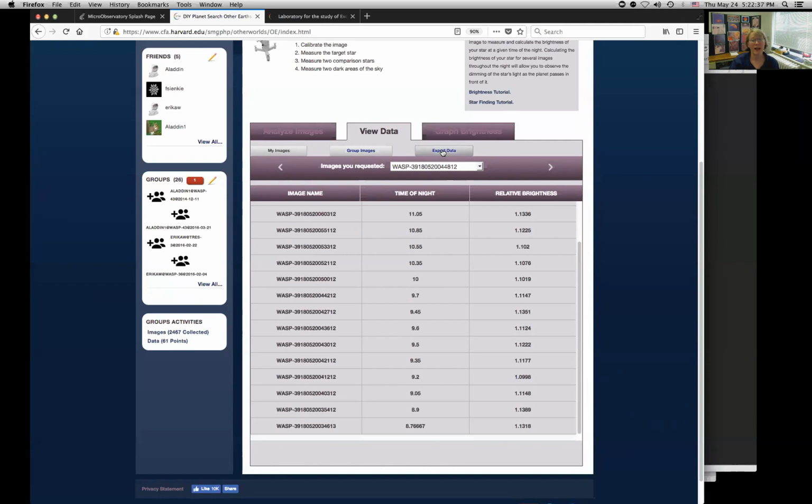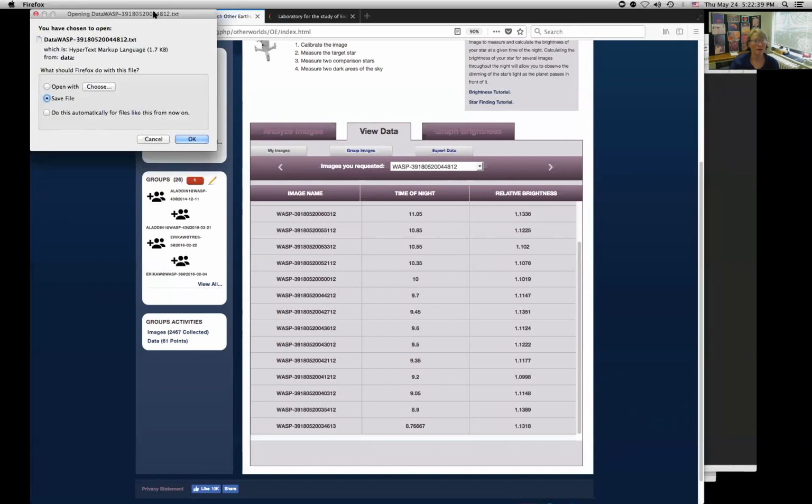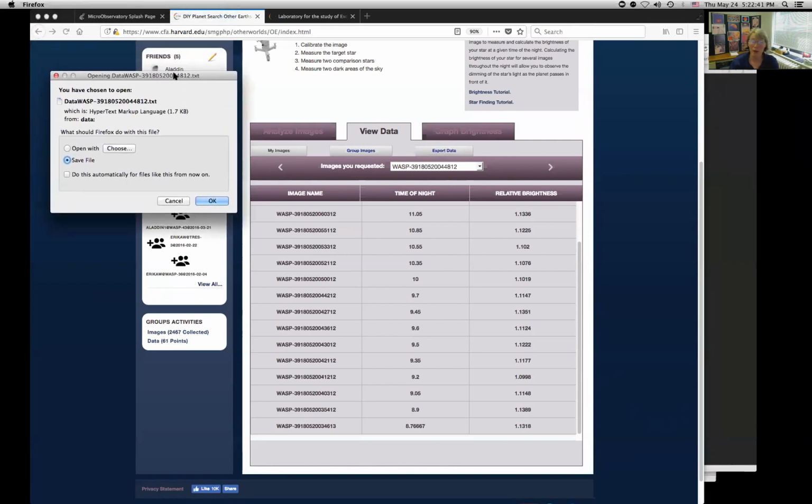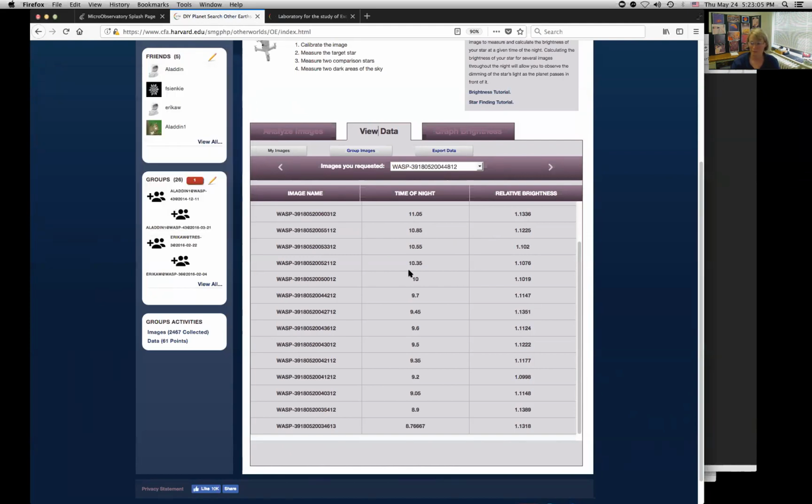So if I click on export data, a little text file with my relative brightness measurements, and the time and the image gets created. And Martin has helped us figure out how we're going to use downloaded data to do some pretty nifty things. So Martin, I wonder if you could share your screen and show us what you've been doing. Okay.